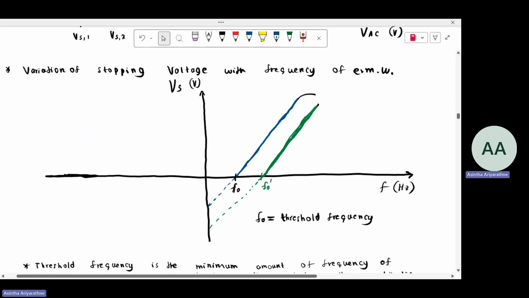Right, so these two are different metals.